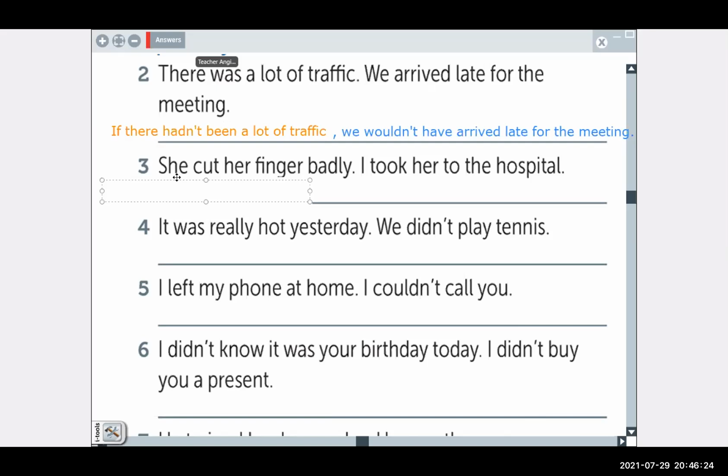If she hadn't cut her finger badly, I wouldn't have taken her to the hospital. Very good. I wouldn't have taken her to the hospital. Very good.